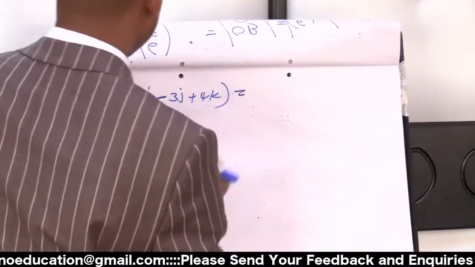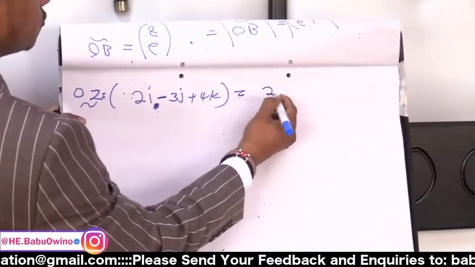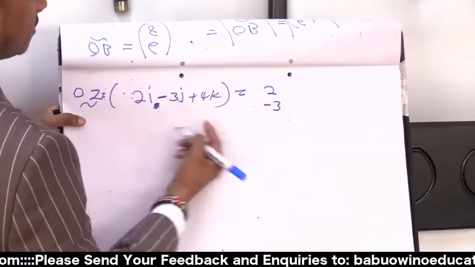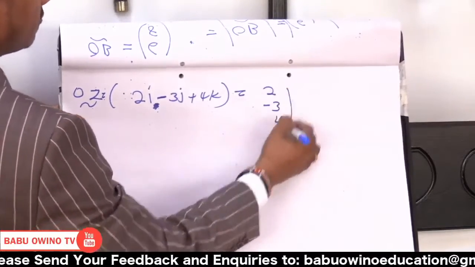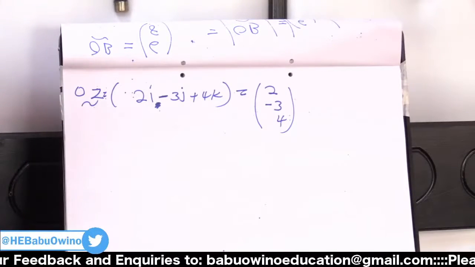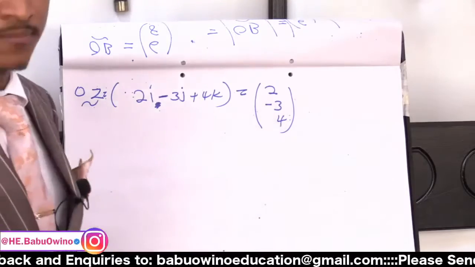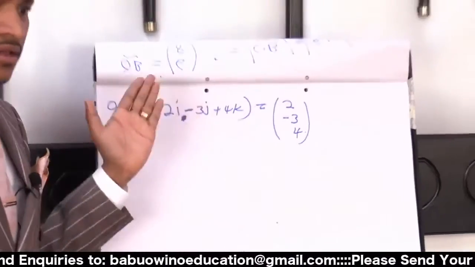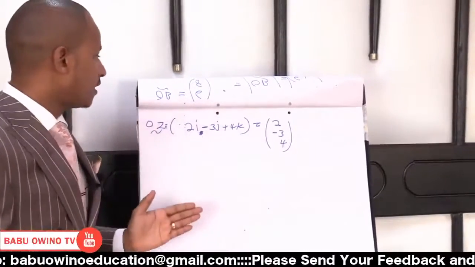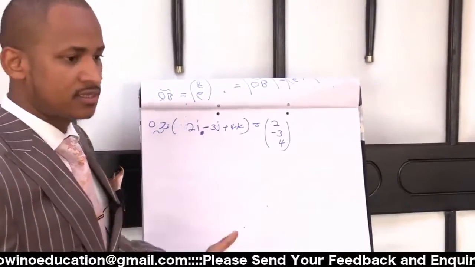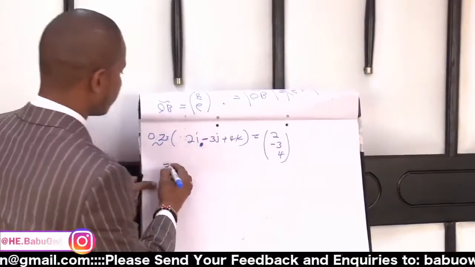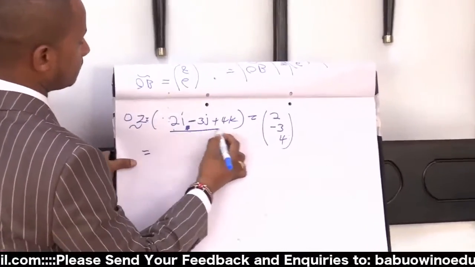Therefore, our column vector is 2, then you take 3 with its sign, minus 3, and then 4 with its sign, 4. So the unit vector is very easy to play around with. You just introduce i, j, and k, where the x value takes i, y value takes j, and z value takes k.